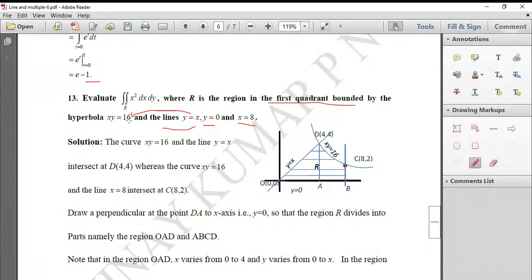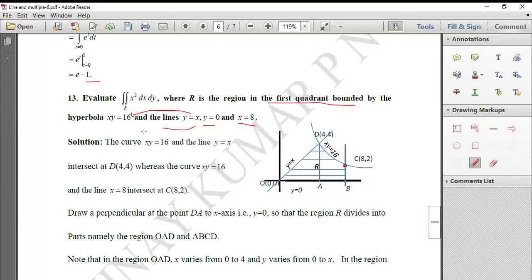Right? So when x is 8, is that true? If you substitute that one, you will get x square equal to 16. When x square equal to 16, you will get x equal to plus or minus 4. We cannot consider minus 4.